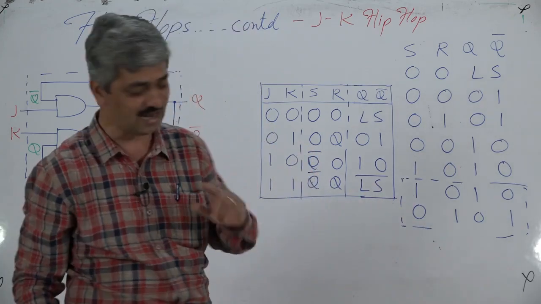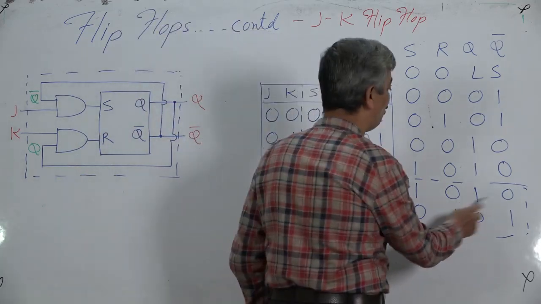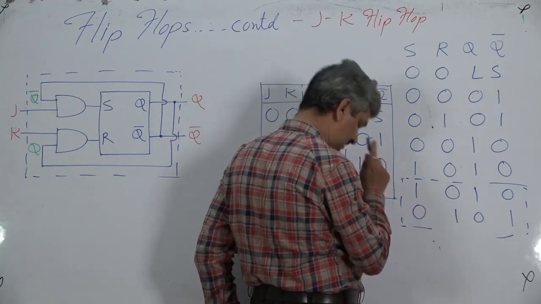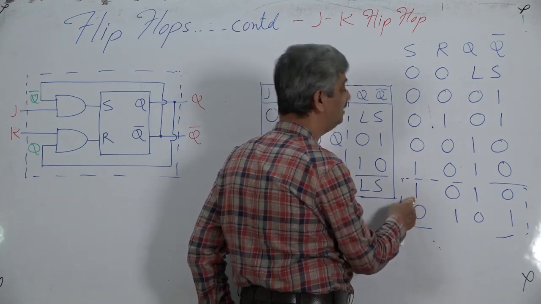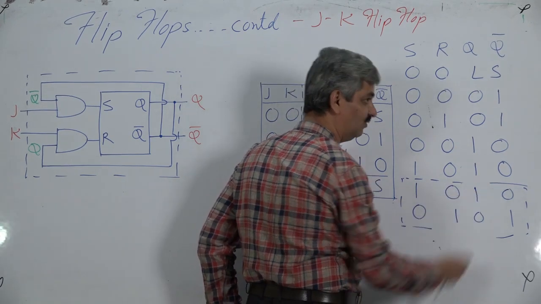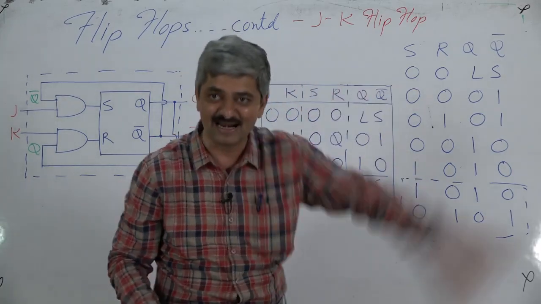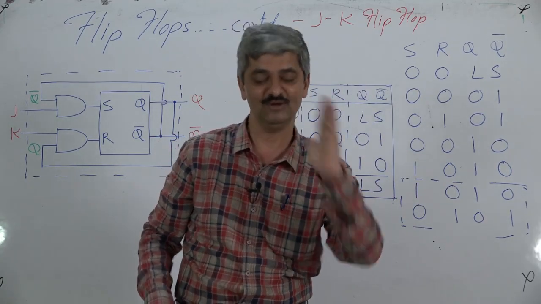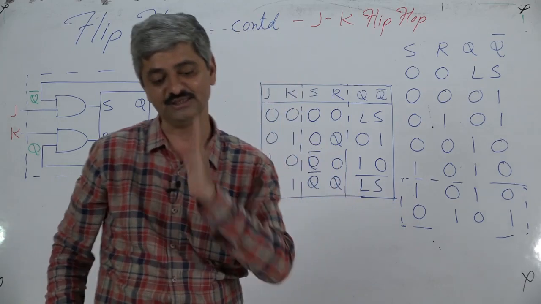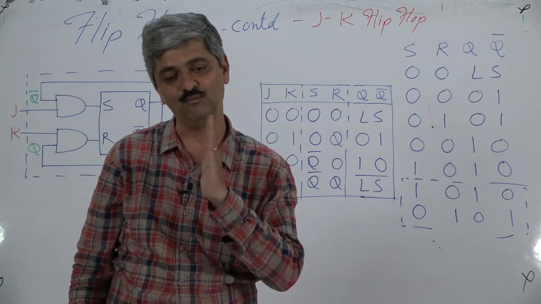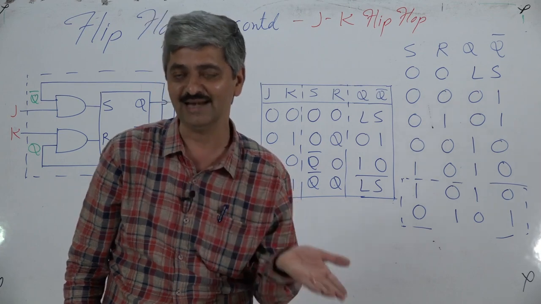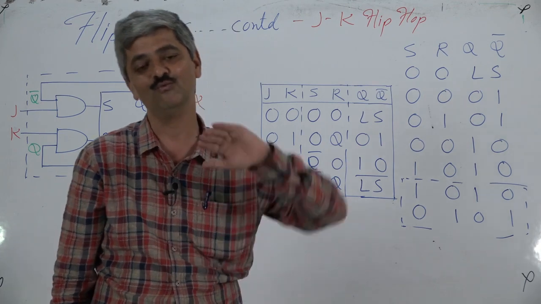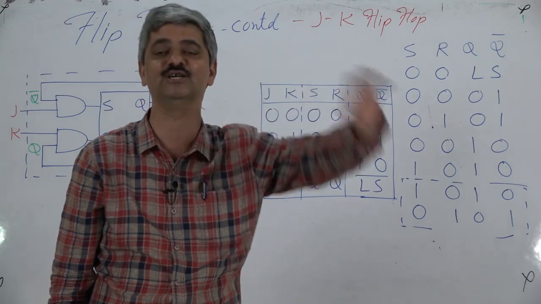Like that, if the last Q and Q bar were 0 1, the new Q and Q bar become 1 0. But that new state is again fed back. So Q, Q bar of 0 1 will decide to become 1 0, and 1 0 will decide that they should become 0 1.